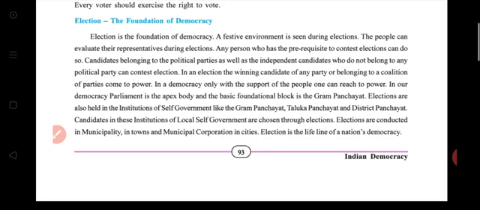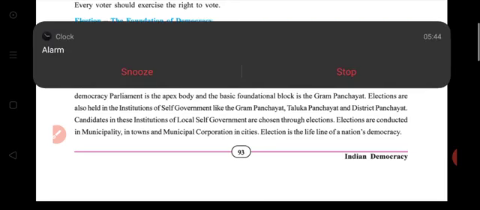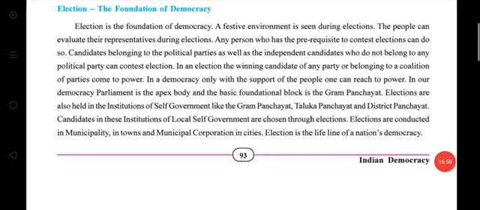Elections are also conducted in municipalities, in towns, and in municipal corporations in cities. So election is the lifeline of the nation's democracy.